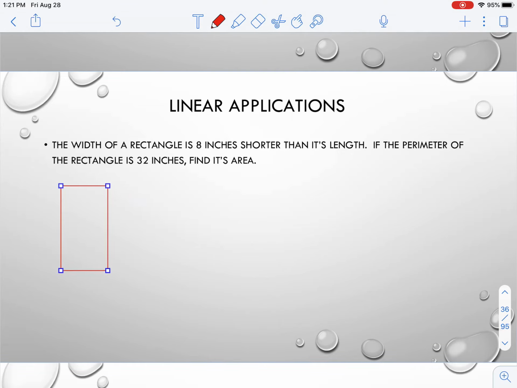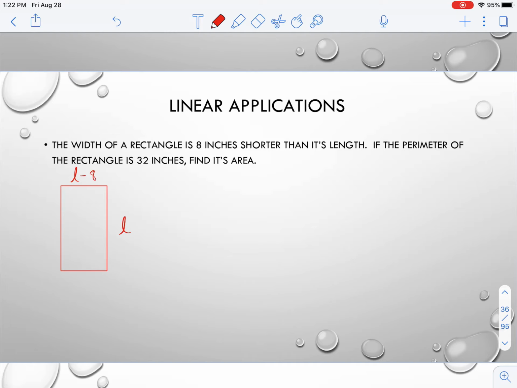Let me adjust my picture so that it is the right orientation. Let's say we've got a length, L, and my width is 8 inches shorter than the length, so the width would be L minus 8.